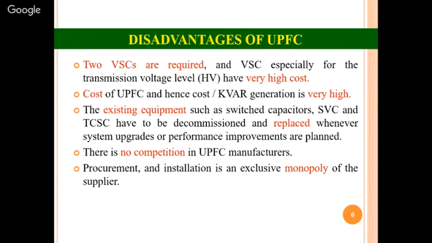So if we make a FACTS device topology in which the existing equipment like switched capacitors or SVC is also used, and one VSC is also used, then that will reduce the overall cost. And it will give us the basic advantages of a UPFC as well.